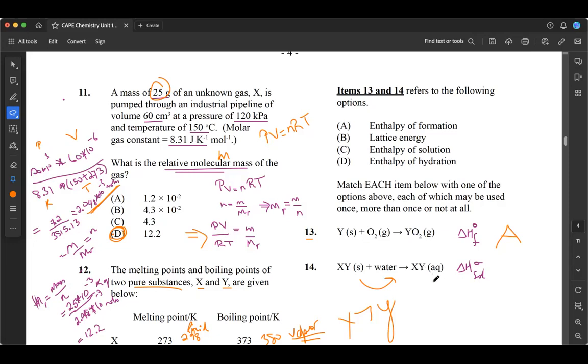That's the enthalpy of solution, and that's what it's defined as. So 14 represents an enthalpy of solution. So 14 is C. I'm basically just forming a solution from this solid. So 13 is A, 14 is C.